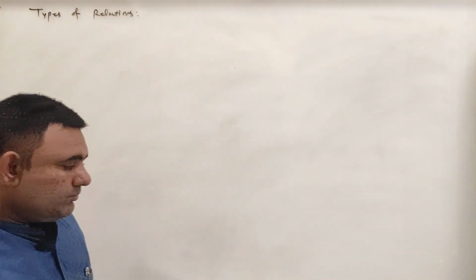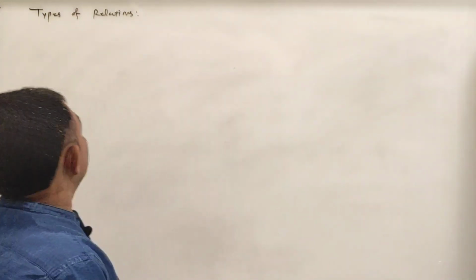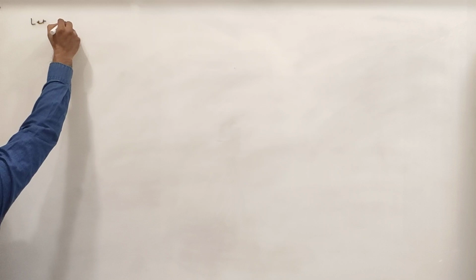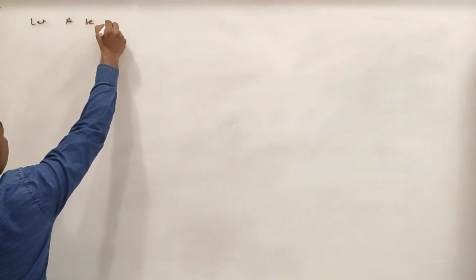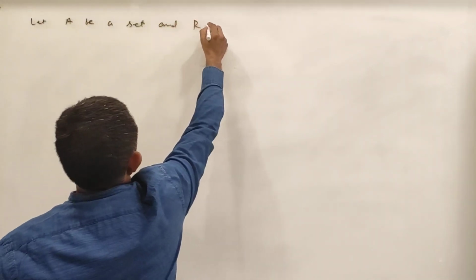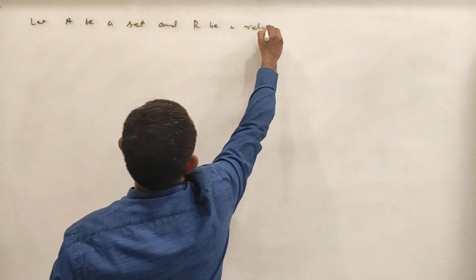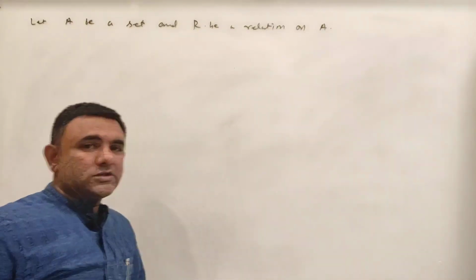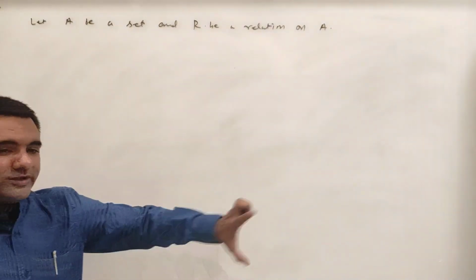Before going to types of relation, from now onwards let A be a set and R be a relation on A. So now onwards we consider only one set, not two sets.